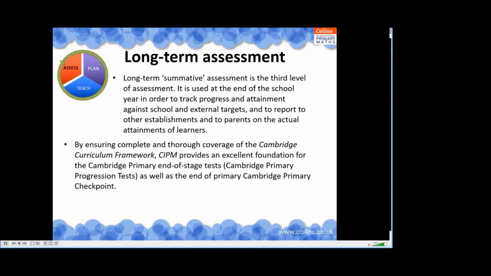By ensuring complete and thorough coverage of the Cambridge framework, Collins International Primary Maths provides an excellent foundation for the Cambridge Primary end-of-stage tests, called Cambridge Primary Progression Tests, as well as the end of primary Cambridge Primary Checkpoint.